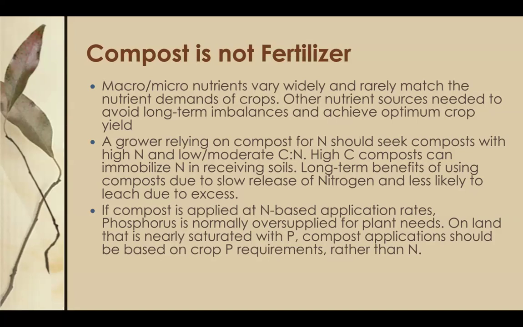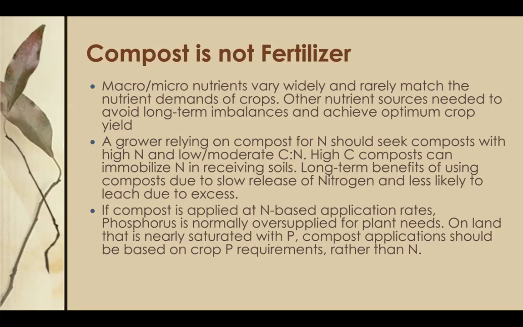It's not a fertilizer. And often, if you are trying to apply as much compost as a crop needs for fertilization, for instance, as much compost as a tomato needs for nitrogen, you're going to smother it. It's going to be so much, it's going to be impossible to get the amount of nitrogen that a tomato, a high nitrogen, high feeding crop, is going to use.